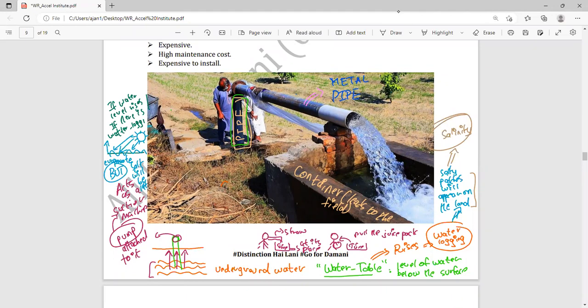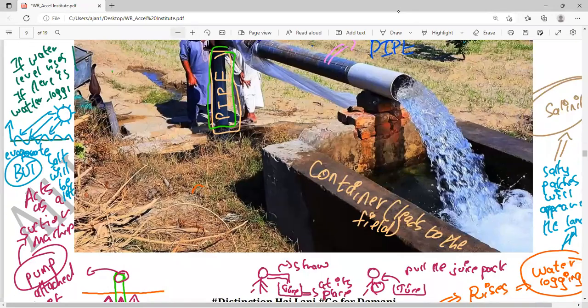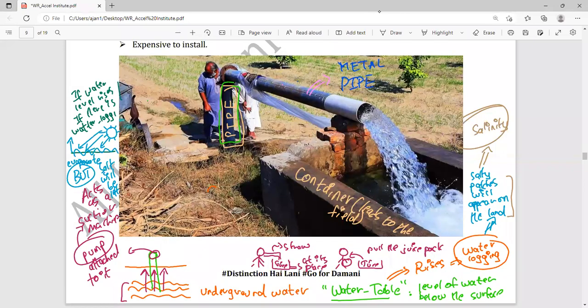Okay, perfect. Now, coming back to tube wells. Since we have established that tube wells do not make the water table rise, this is an advantage, because if the water table is not going to rise, salty patches or salinity will not occur.